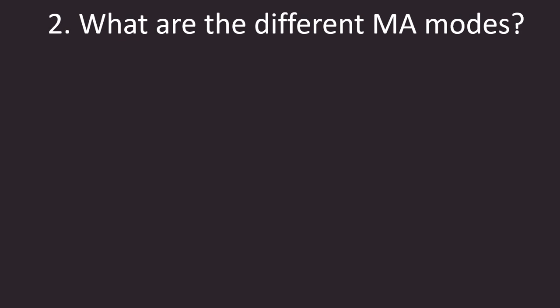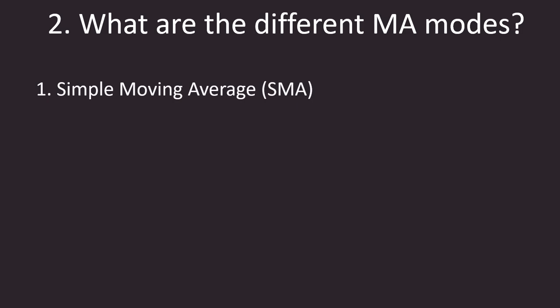So let's talk about what the different MA modes are. First, the simple moving average or SMA is basically the average price of an asset over a certain number of candles. For example, a 50 period SMA takes the last 50 closing prices, adds them up and divides by 50.